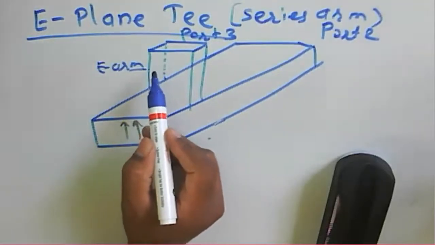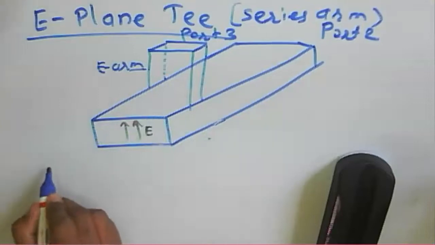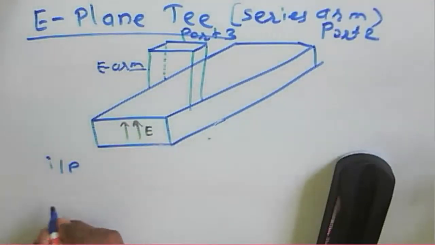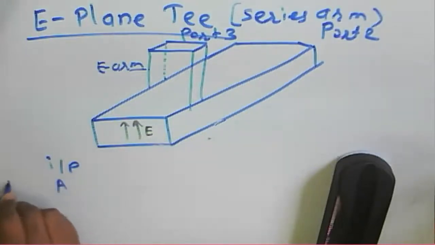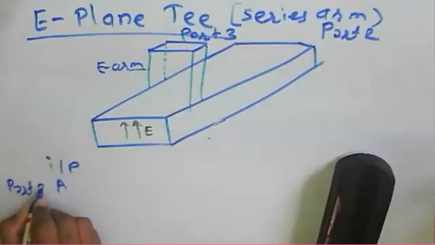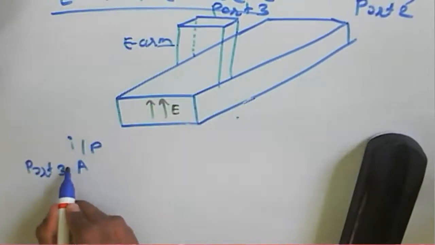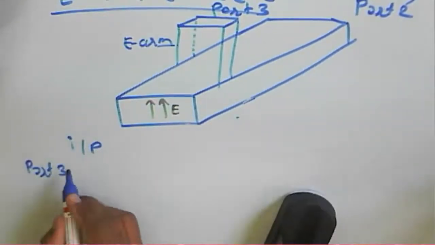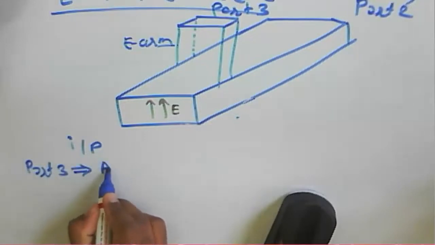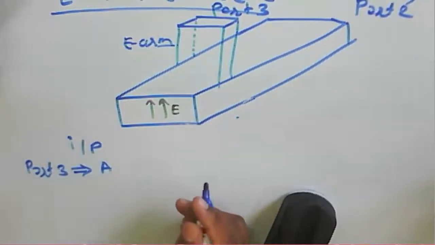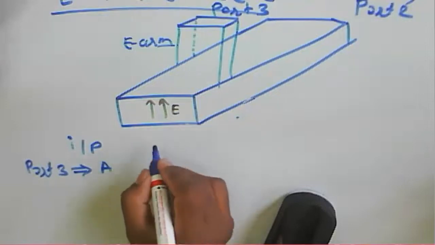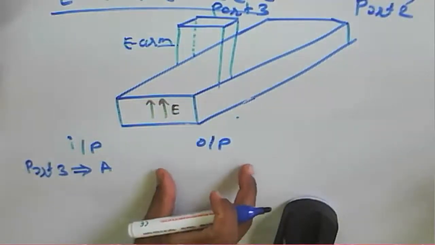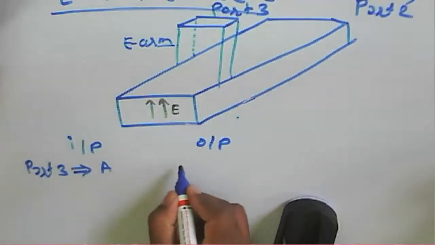If we apply an input amplitude of A at port 3, then what happens?